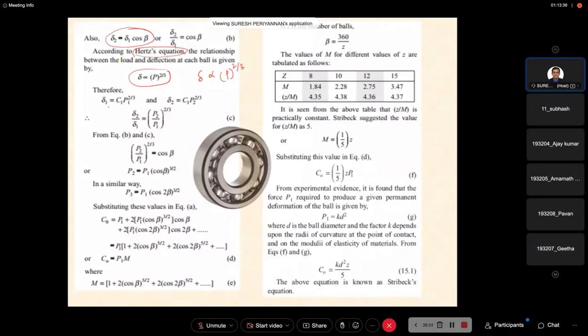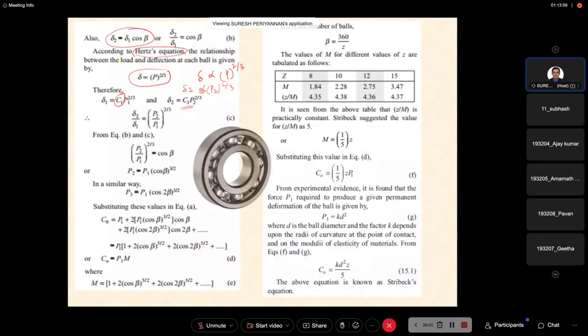Now I would like to remove the proportionality, so I introduce C1: delta 1 is equal to C1 into P1 power 2 by 3. Suppose delta 2 is proportional to P2 power 2 by 3, then I remove the proportionality by introducing C2: delta 2 is equal to C2 into P2 power 2 by 3.